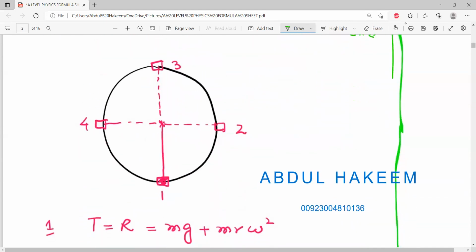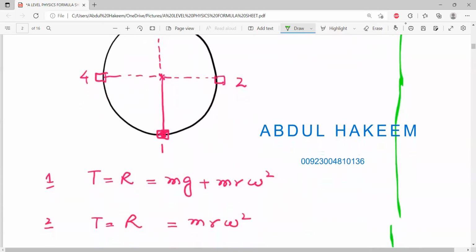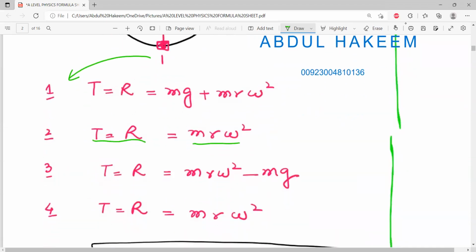And next, in vertical circular motion, we have to remember that the tension in the string or the reaction at the center is equal to weight plus m r omega square at the bottom, number 1 position. At number 2 position, the centripetal force is independent of the weight, so the tension or reaction is just the centripetal force m r omega square.